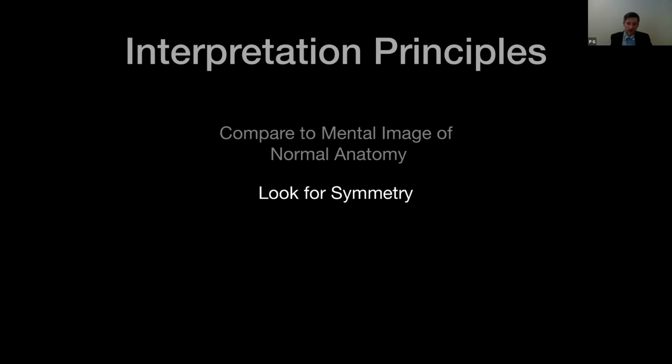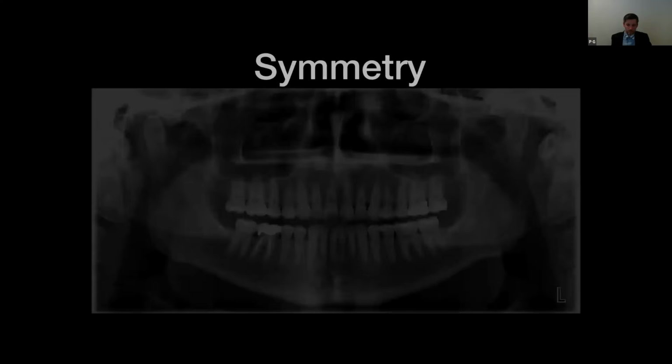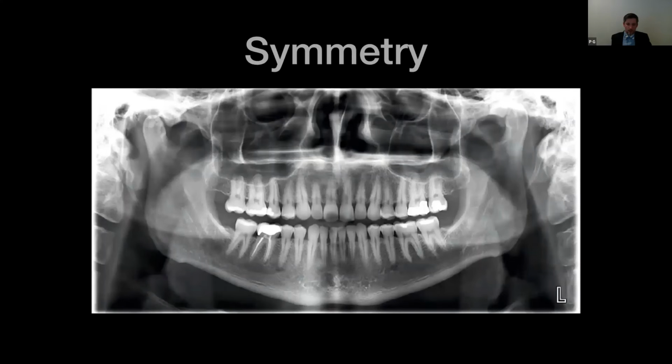Okay, so next up we're going to look at symmetry. And so we want to look at symmetry of the shape or any changes in the density of bone. So we want to compare a patient's right side with their left side. We already kind of do this when we look at panoramics. So here's that same example that I spoke of before.